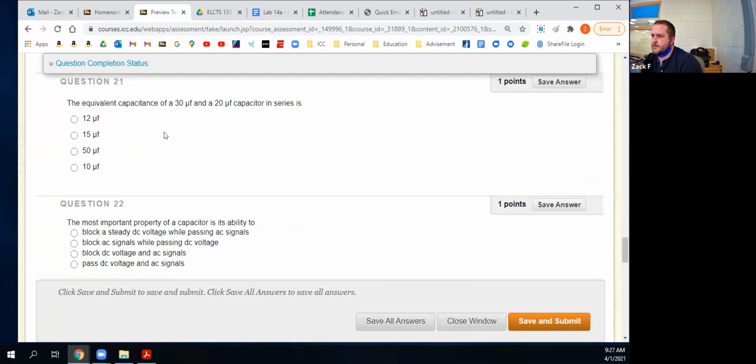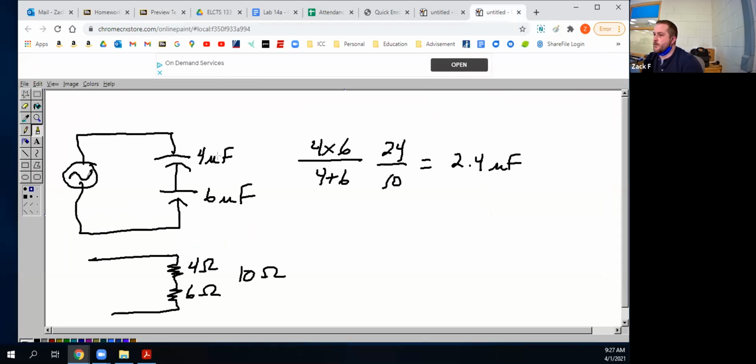Equivalent capacitance of 30 and 20 in series. No. Remember, we're in series, so the total is going to be less than the individual. So in that case, what did it say? 30 and 10? Or 20 and 10? 30 and 20?